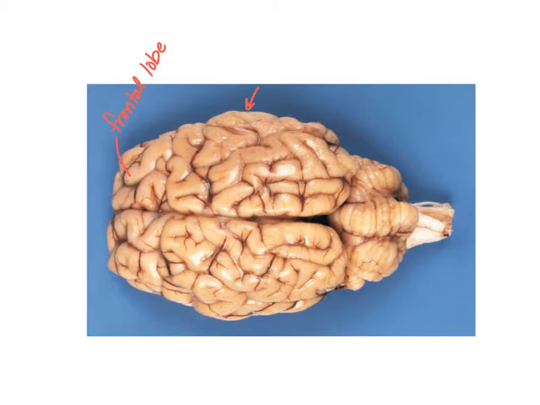On the sides of the brain, you have the temporal lobes. In the kind of central portion of the brain, you have the parietal lobes. And towards the back of the brain, you have the occipital lobe.